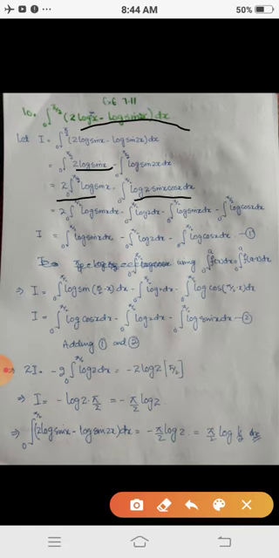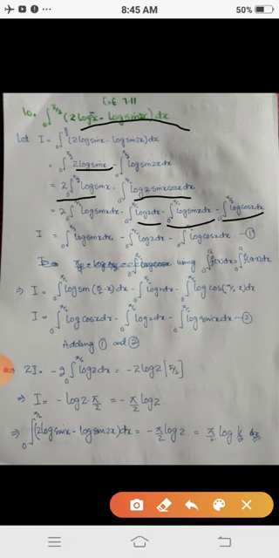Now we know that log mn equals log m plus log n, or we can extend this formula for three terms, that is log abc equals log a plus log b plus log c. Here a is 2, b is sin x, c is cos x, that is integral log 2 minus integral log sin x minus integral log cos x.